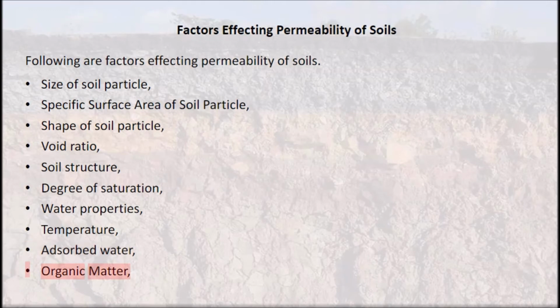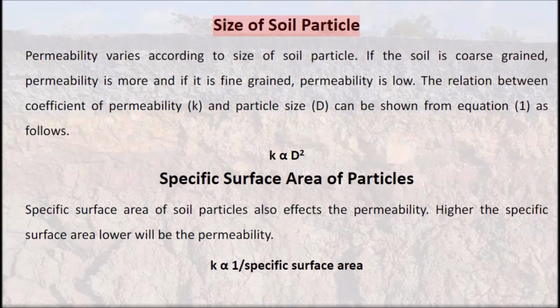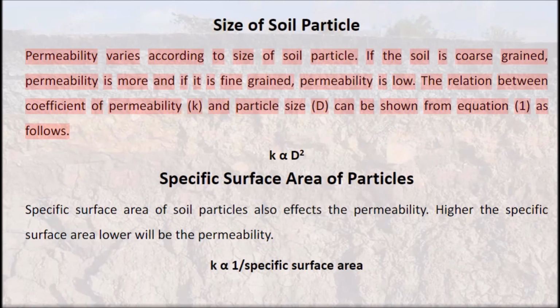Size of soil particle. Permeability varies according to size of soil particle. If the soil is coarse-grained, permeability is more, and if it is fine-grained, permeability is low. The relation between coefficient of permeability, k, and particle size, d, can be shown from equation 1 as follows: k is proportional to d squared.